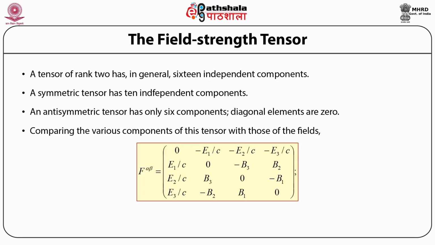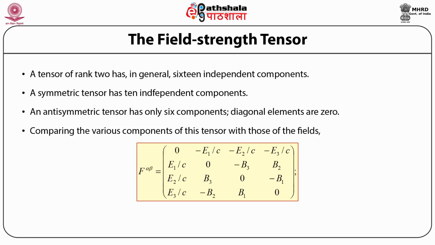The third row components are E subscript 2 by C, B subscript 3, 0 and minus B subscript 1. While the fourth row has components E subscript 3 by C, minus B subscript 2, B subscript 1 and 0.